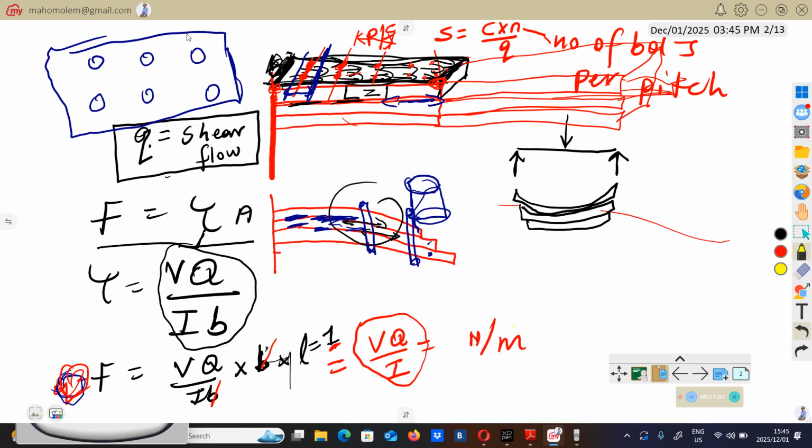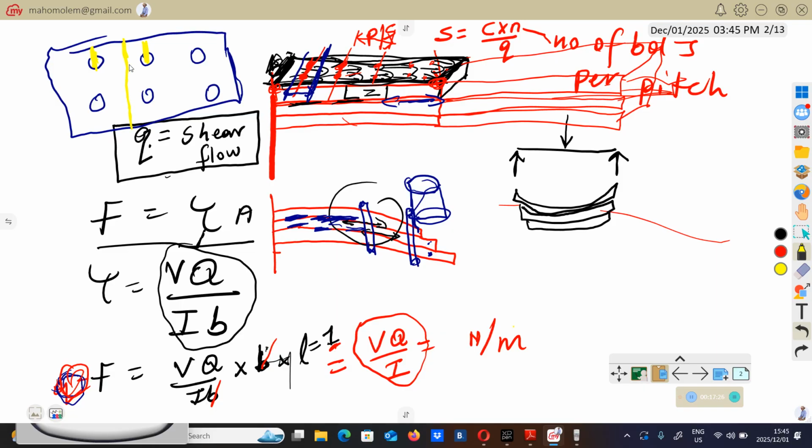Now the pitch is the distance from here to there. From one point to a corresponding point is the pitch. But for us, we are not going to use that. It's still the pitch, but we are going to use this.